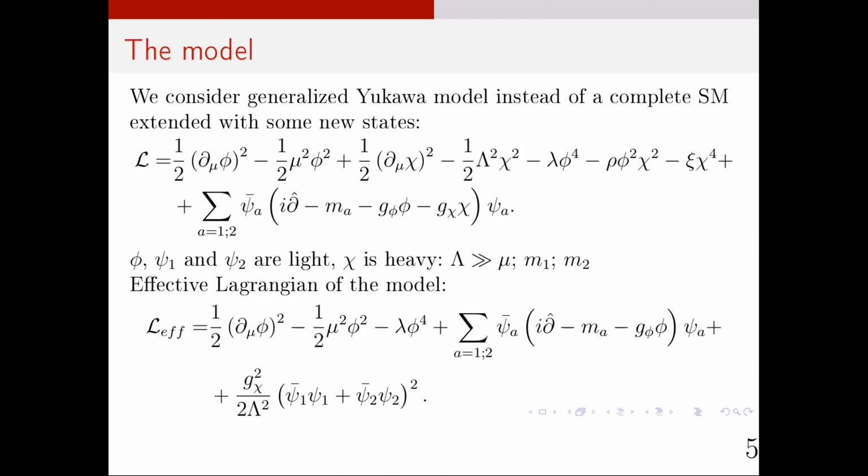And this phenomenon is severely constrained by experiments. And if it is so, then the coupling of this operator would be either very small or it would be 0. So we could neglect it.